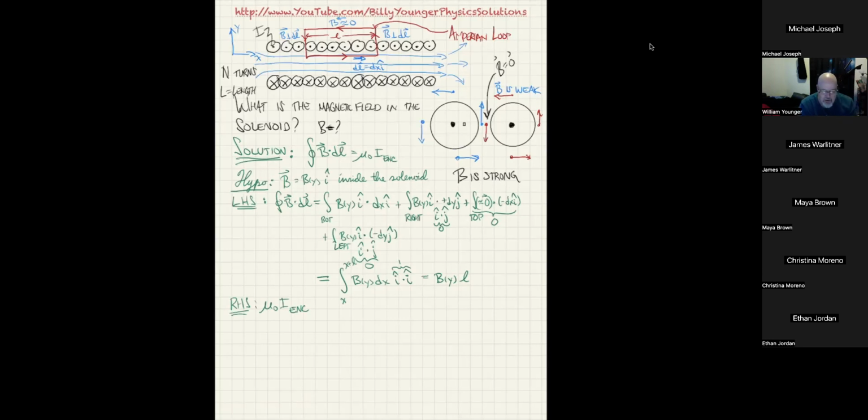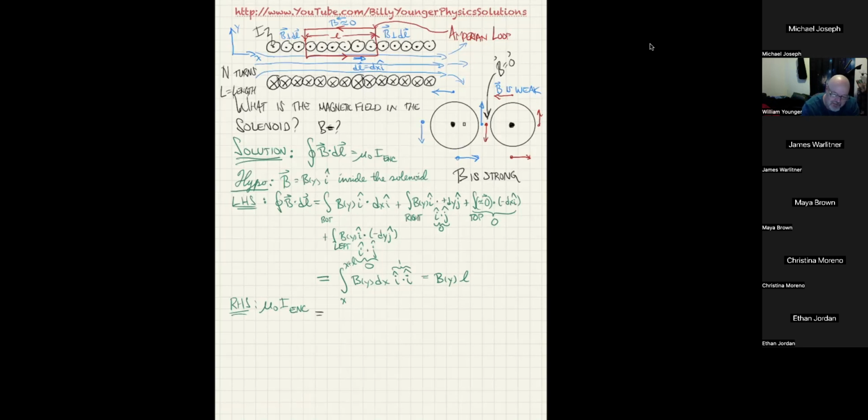Well, through that Amperian loop, the actual current carrying wire goes through many times. So it's not really that reasonable to say that it's just mu 0 times I.